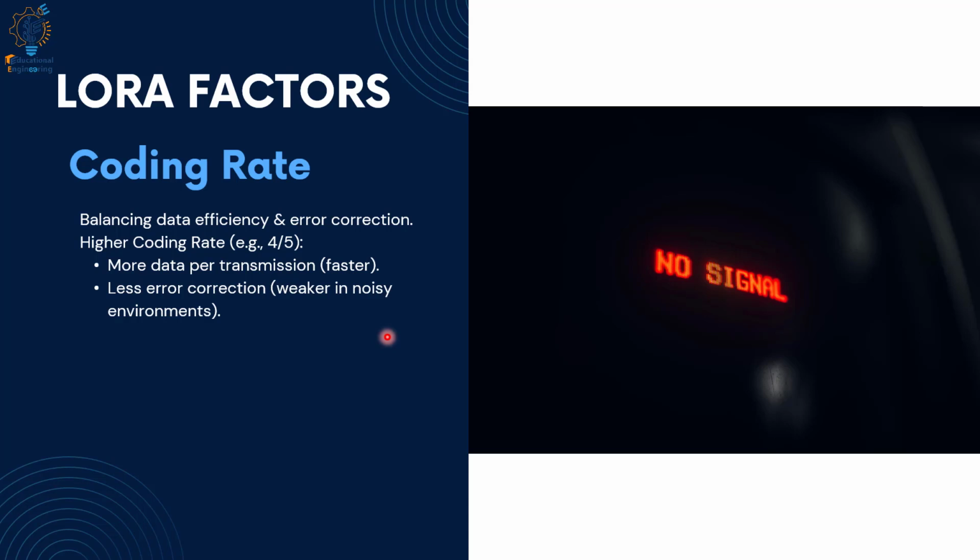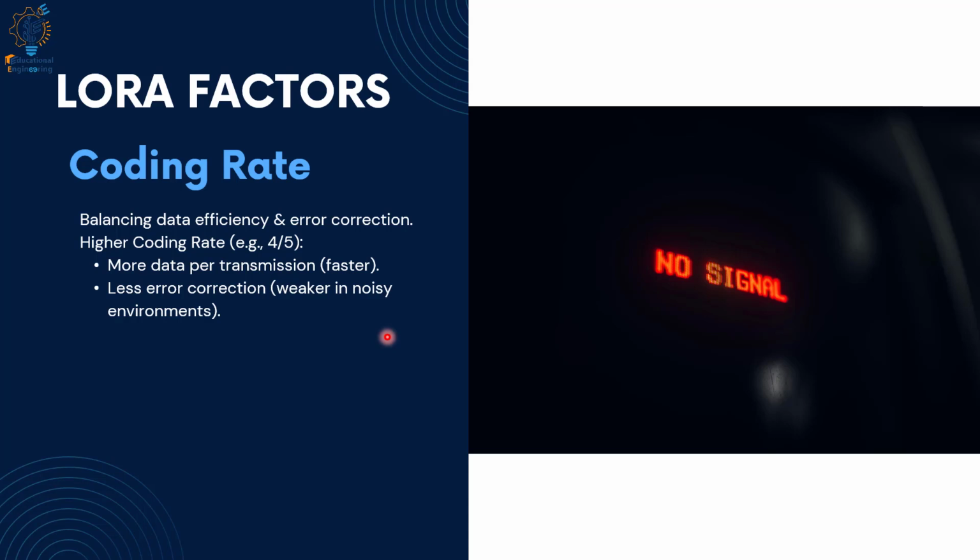The cons of the higher coding rate include the lower error correction. Fewer redundant bits are available to detect and correct errors during transmission. This can be problematic in noisy environments where the signal might be corrupted.